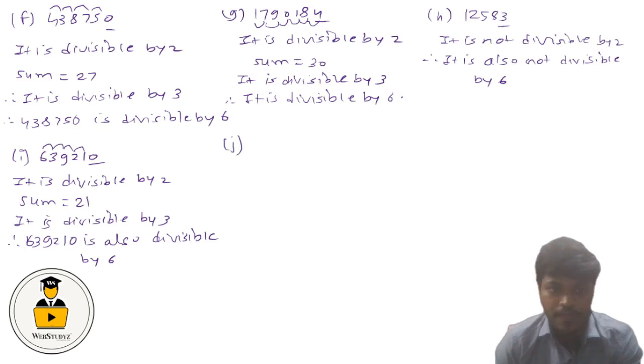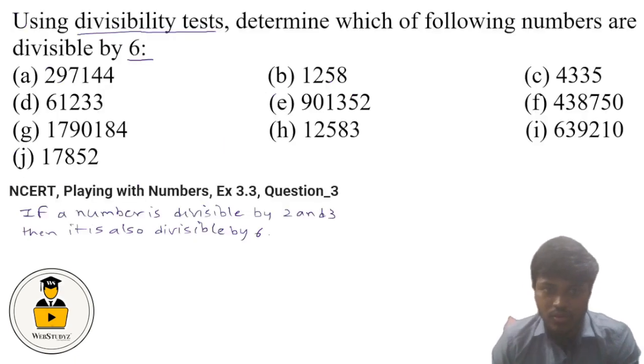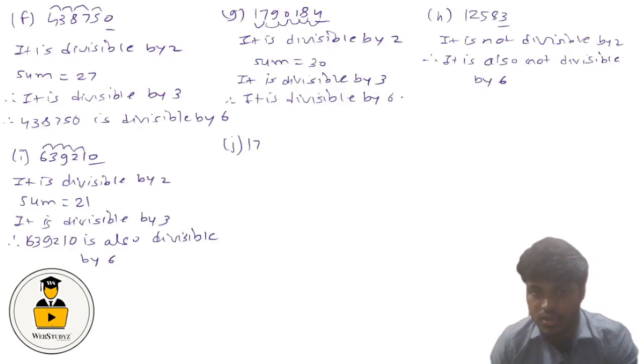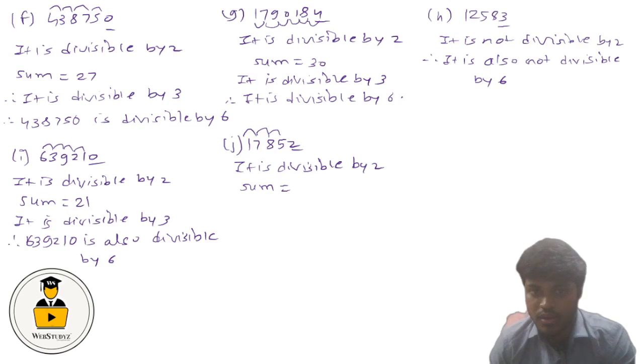Now it is 17,852. Since the last digit is 2, we can say that it is divisible by 2. Now let us consider the sum of digits. 1 plus 7 is 8, 8 plus 8 is 16, 16 plus 5 is 21, 21 plus 2 is 23.